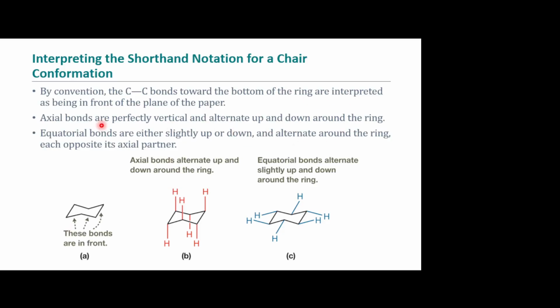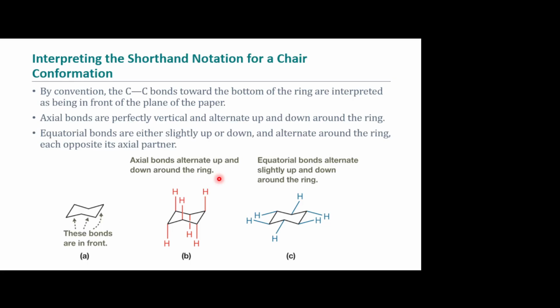Now, again, the bottom of the ring is going to be interpreted as being in the front plane of the paper. That's the one on the furthest part of the bottom here, and that's coming out towards you. Okay, now axial bonds are going to be perfectly aligned, and they're going to alternate up and down throughout the ring. They actually have to alternate at each position.